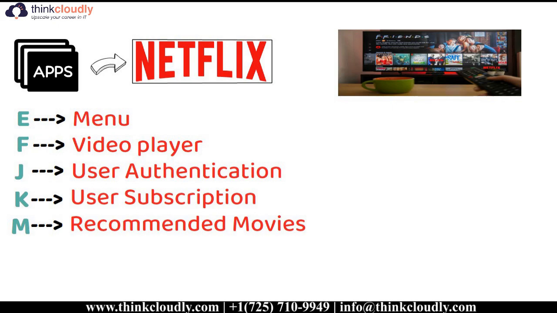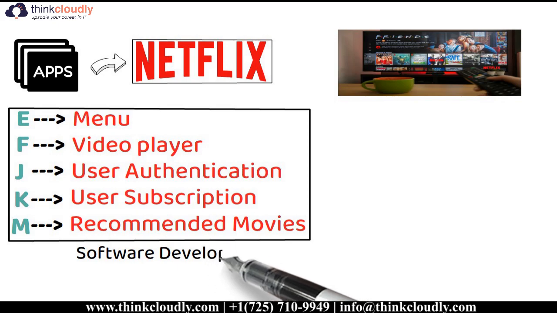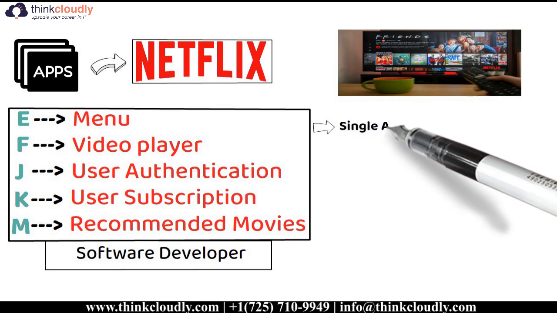Just like this, we all are working on some features in this application. The application is big, right? We have search functionality and so many other things, and every one of us is working on our own feature. But the main thing to remember is that all these features are part of a single application.